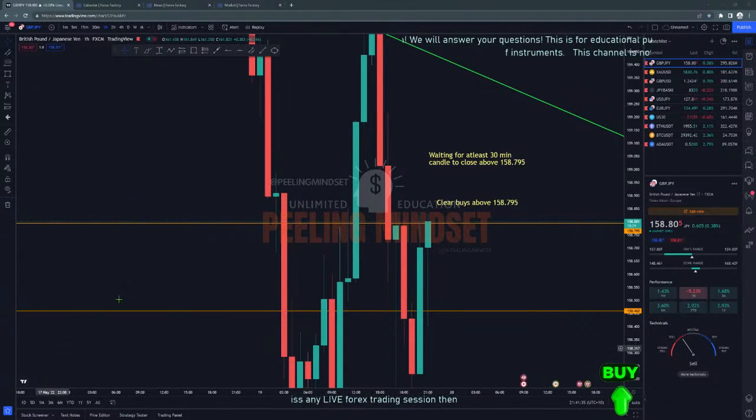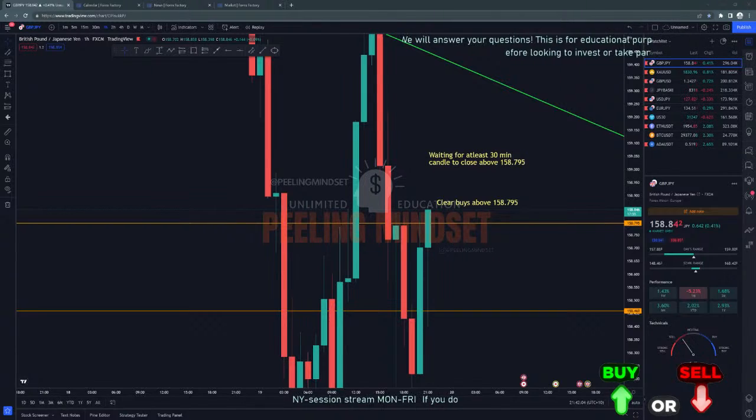Pound yen, I got a buy stop above the previous candle's high. Let's see what's gonna happen. Oh, nice. Buy is activated. We are about 19 minutes away from the market open. Looks like the volume in the market is pretty low.